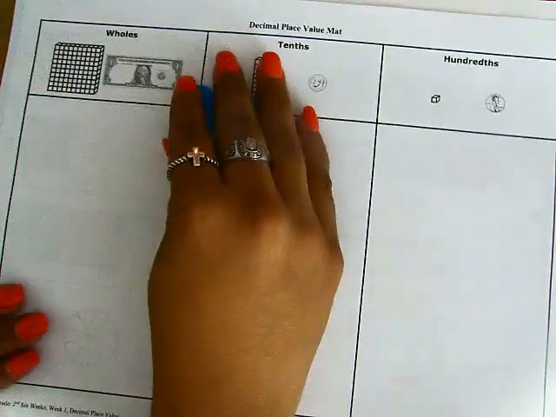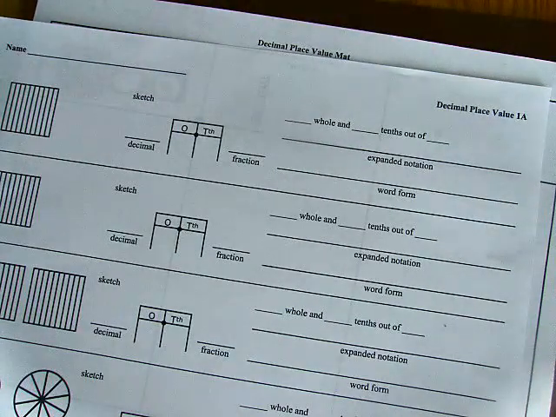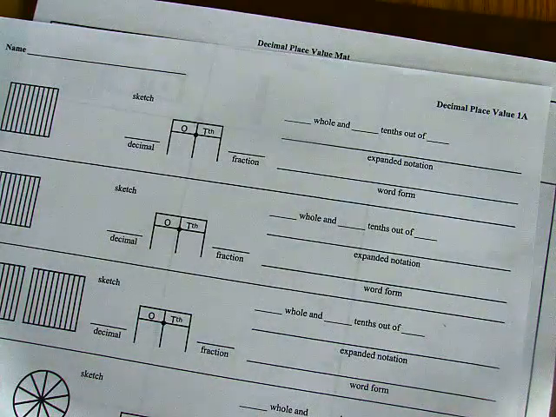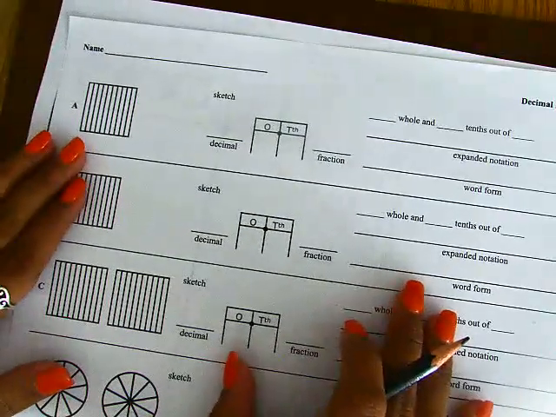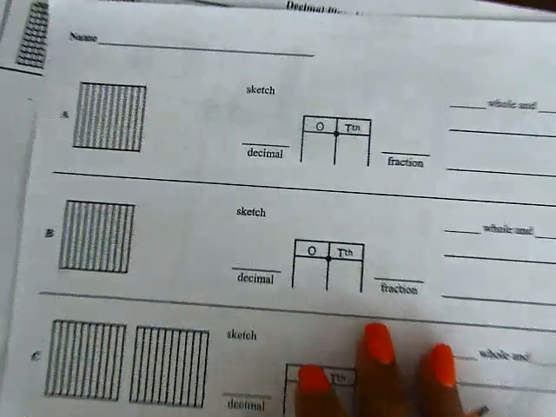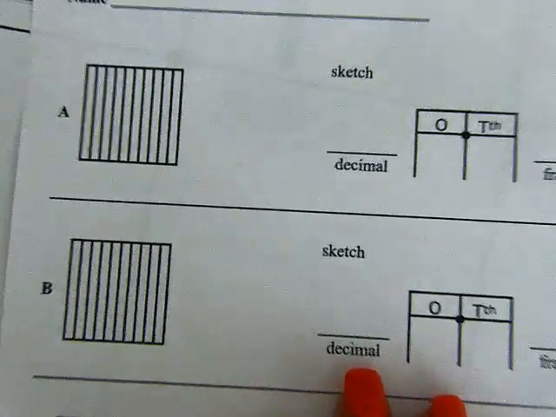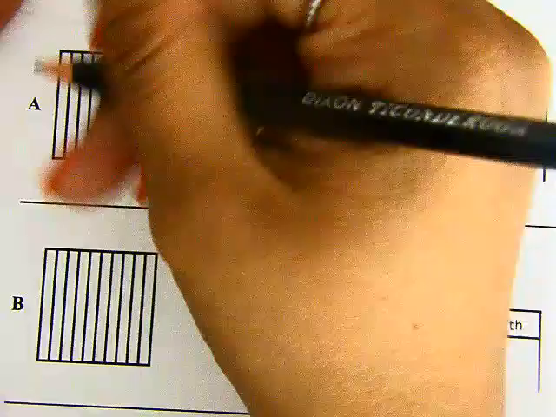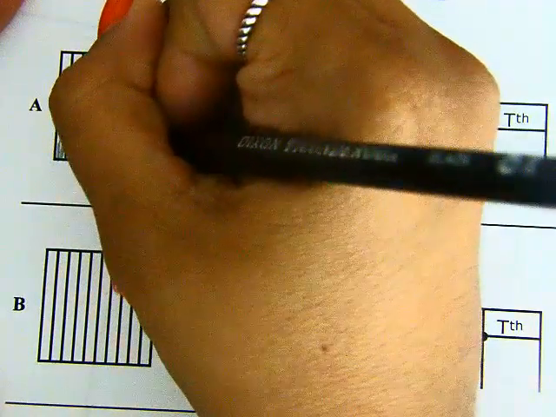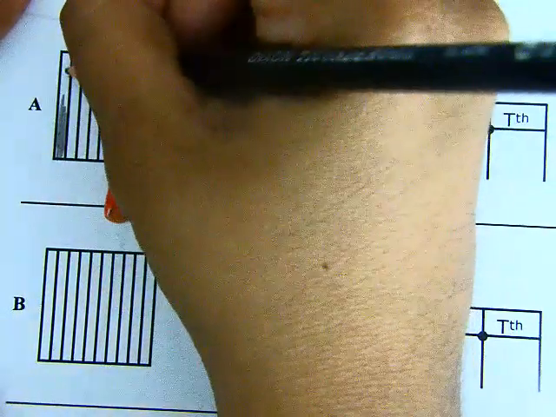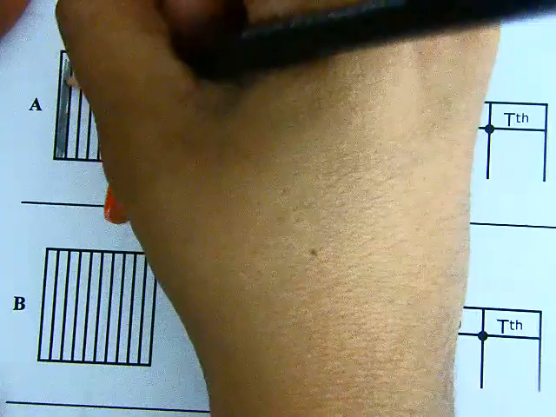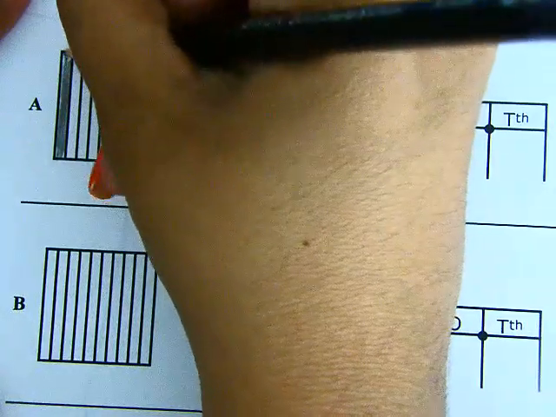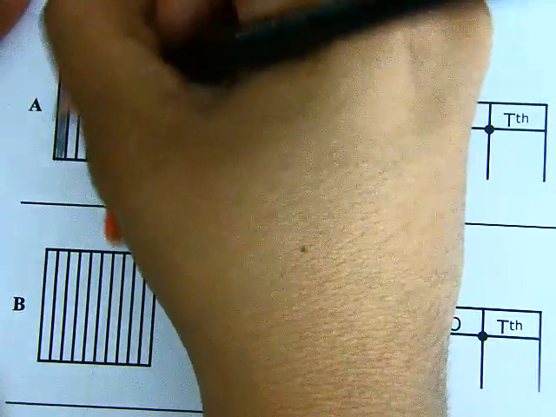I'm going to move it to the side, and I'm going to go back to my paper, and I'm going to color in 6 tenths. So I'm going to go here, and I want you to color 6 of these rods. So this is 1, that's 1 tenth.